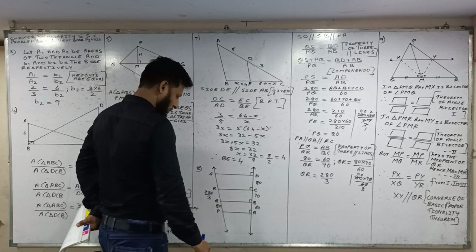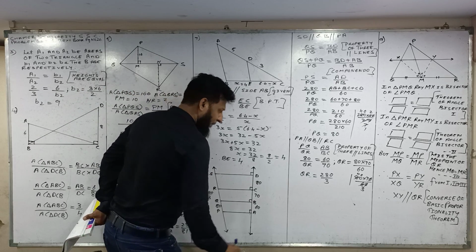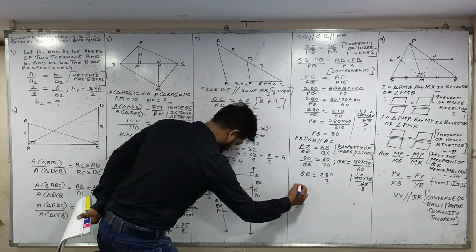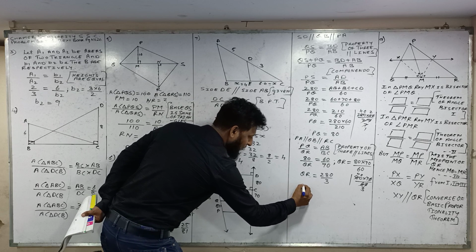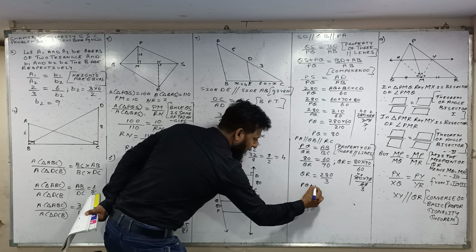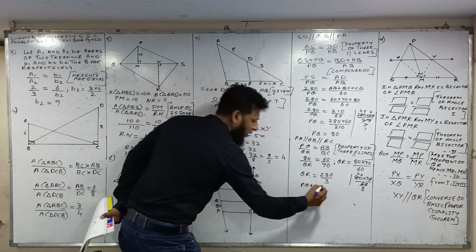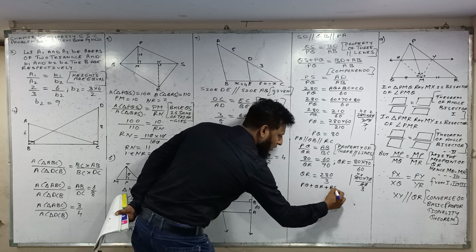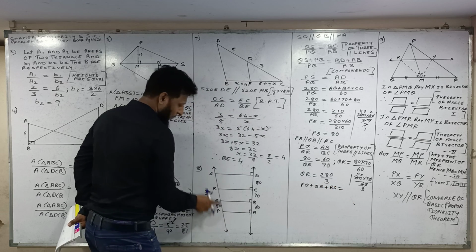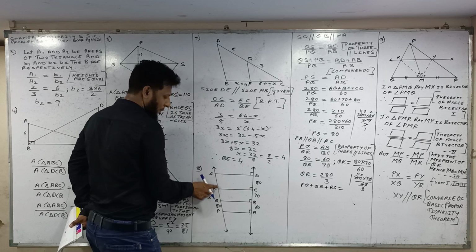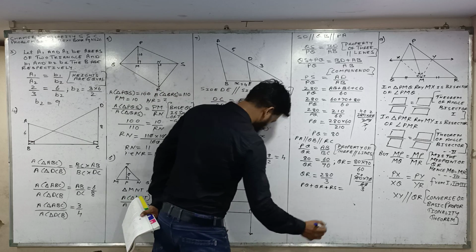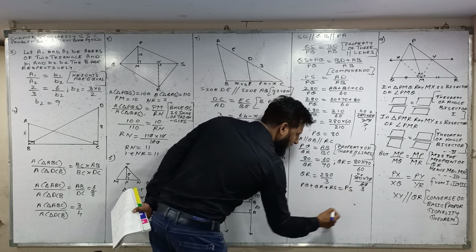Okay, so PQ plus QR plus RS is equal to PS.